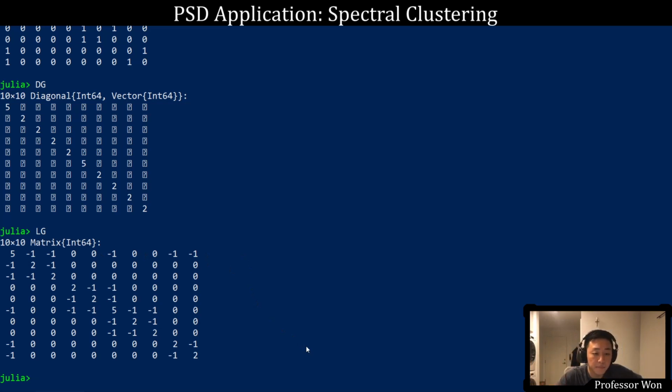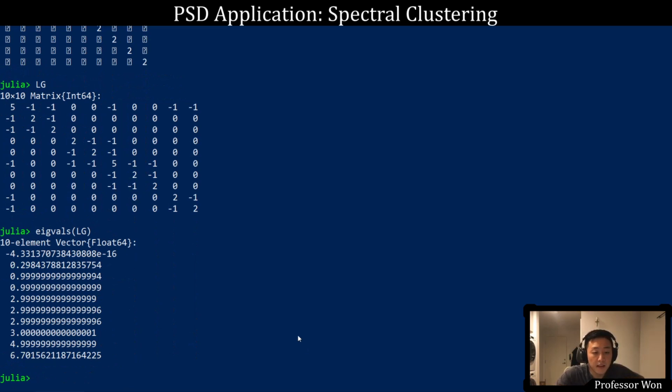Okay, now what do I need to understand? I need to understand the Fiedler vector and the Fiedler value of this Laplacian. The Fiedler value is the second smallest eigenvalue. So let's take a look at the eigenvalues of my Laplacian. You can see that they are all non-negative. This is 0, well, up to machine precision.